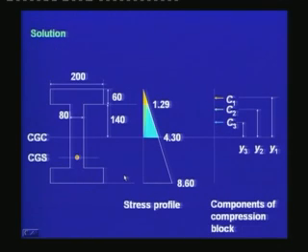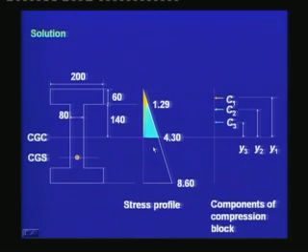Thus, for the section, we have determined the stress block: it is 0 at the top and 8.6 at the bottom. Now we need to find out the moment at the horizontal plane, which is at the level of CGC, due to the part of the compressive stress block which is above CGC.